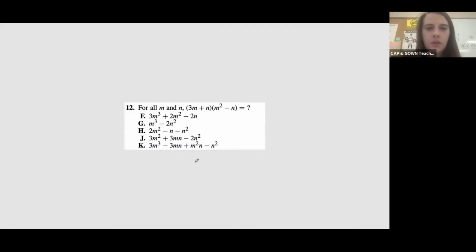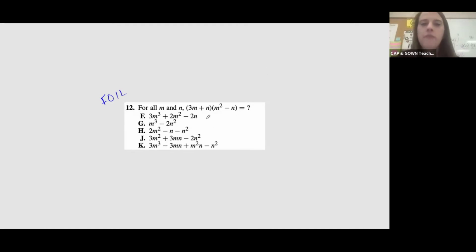Okay. For all m and n, what is 3m plus n times m squared minus n? So it looks more complicated than it actually is, but it's actually something you guys know, which is how to FOIL. Or you could use box method.